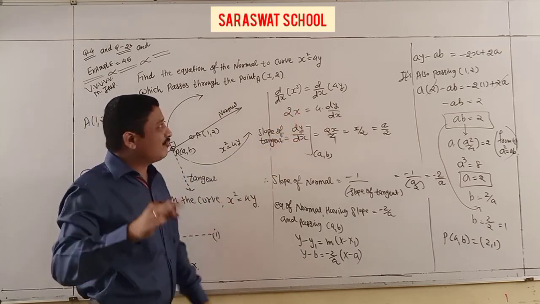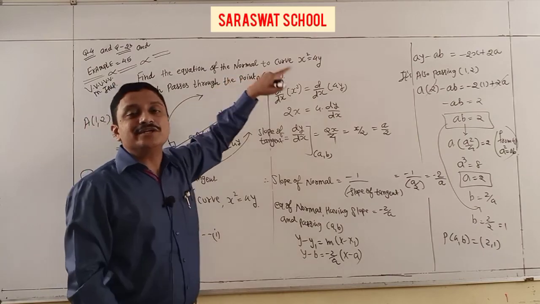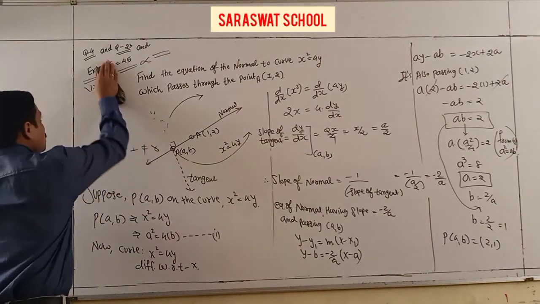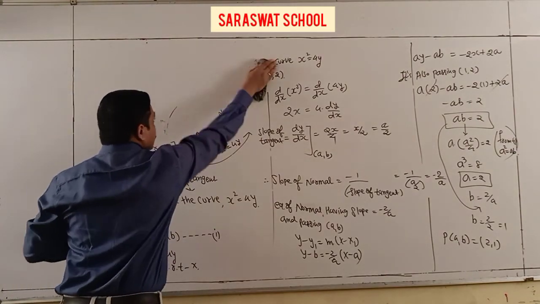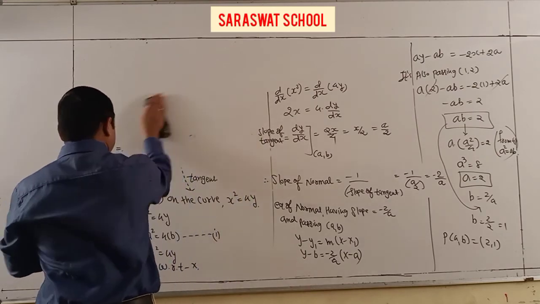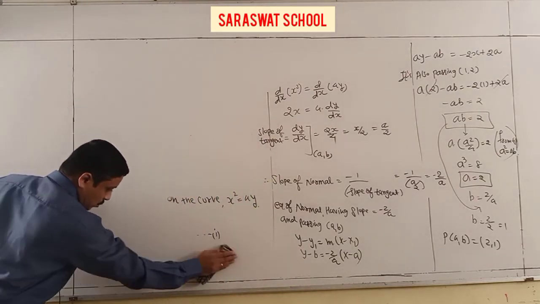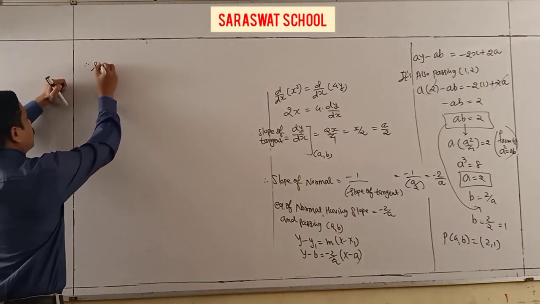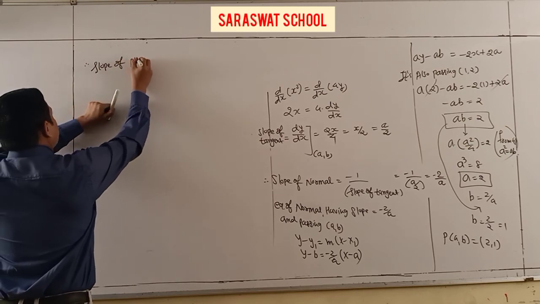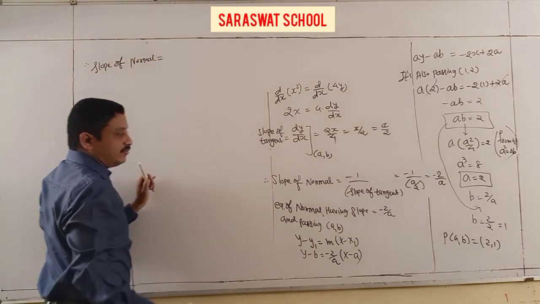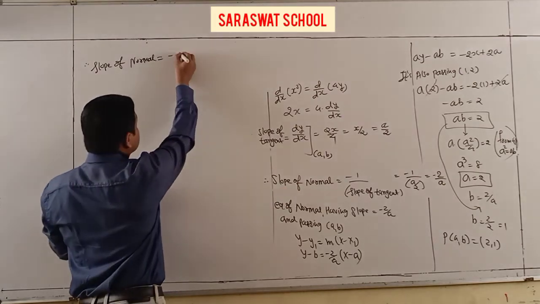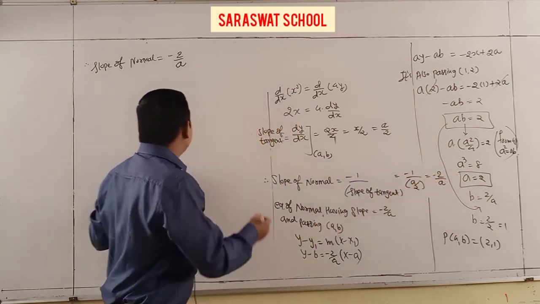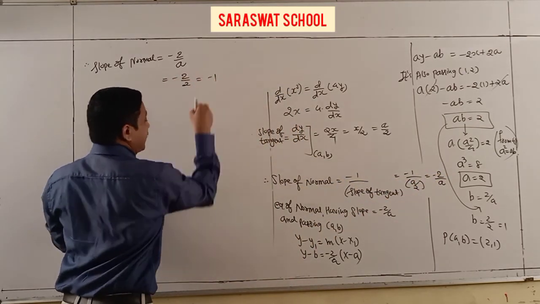Now I can easily define my target: what is the equation of the normal? Very simple. The slope of the normal, which we already defined as minus 2 by a, with a equal to 2, gives minus 1.